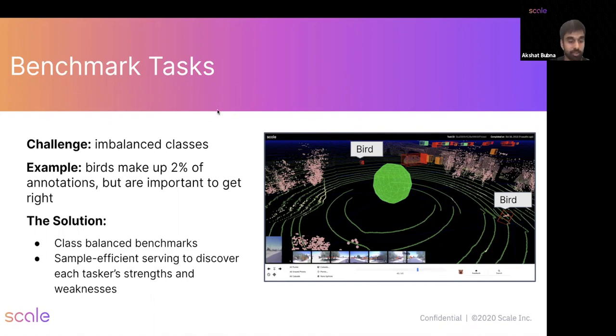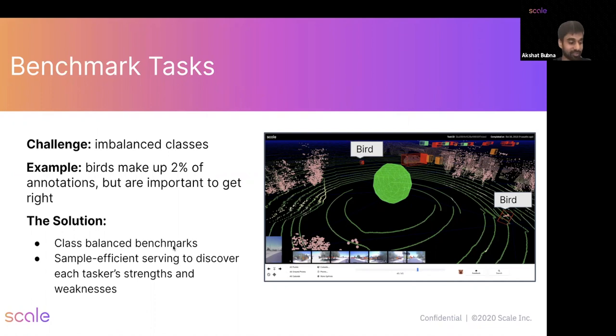Cool. So another problem that happens is that we can have imbalanced classes in our benchmarks. One example I love to use is that birds make up 2% of annotations in a given project, but are really important to get right, because you can imagine for a self-driving car, if they don't know how to detect birds, then they're going to go crazy on the road.